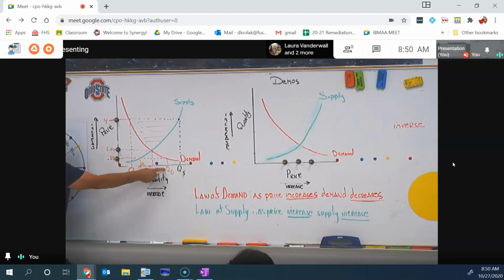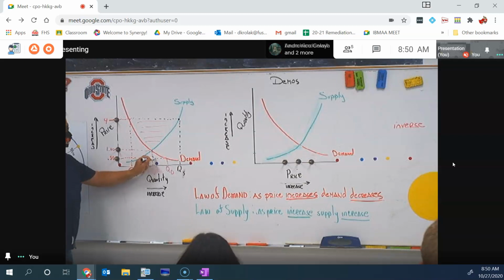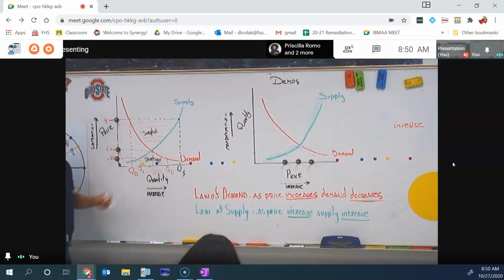So the quantity demanded is greater than the quantity supplied. That's when you got really long lines at the gas station. So that's when you have a shortage. So that's your shortage, and this is your surplus. And where the two graphs meet, that's your equilibrium.